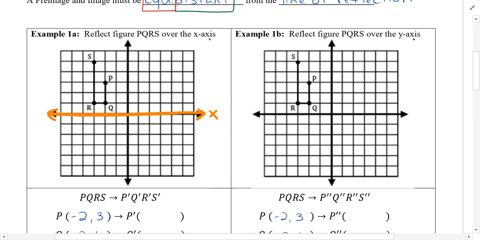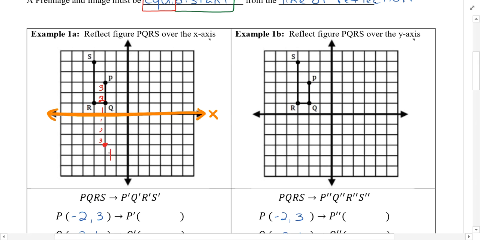from that. So if I look at pre-image point P, pre-image point P is currently 3 boxes above the x-axis, which means that the image of P is going to be 3 below. 1, 2, 3.